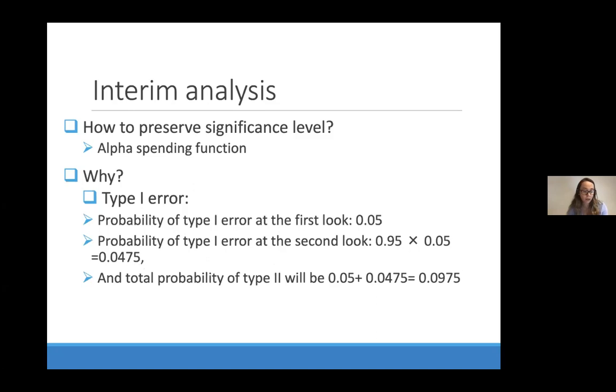0.91 times, let's do here, 0.05. Now we're gonna have a probability of 0.048. And if you sum all of them, you always have to sum, right? It's gonna be 0.048 plus 0.047 plus 0.05.